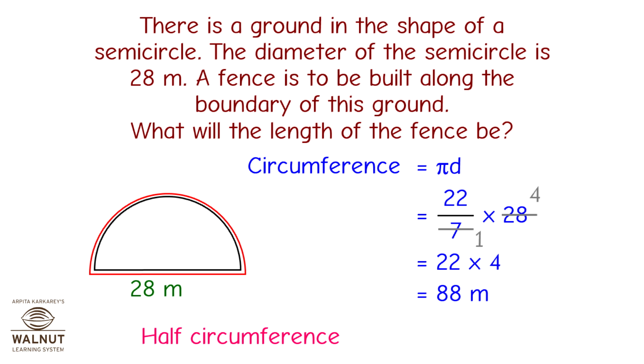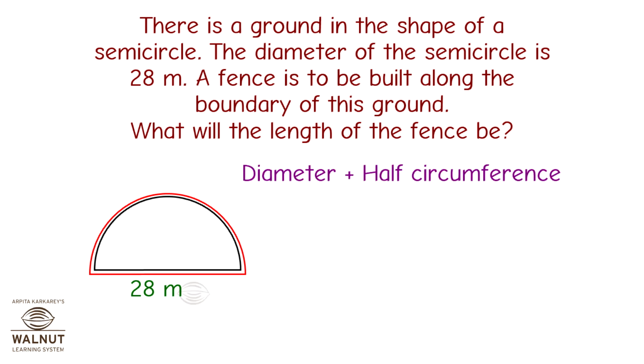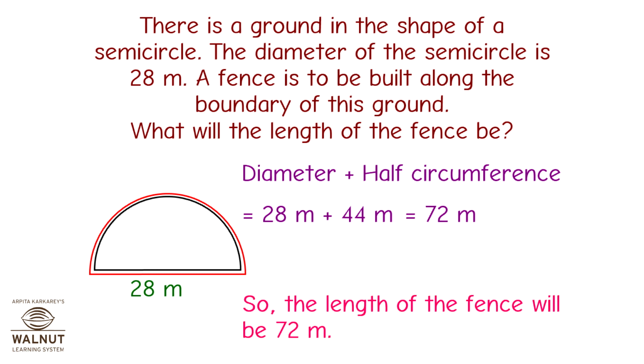Half circumference is equal to 88 upon 2, which is equal to 44 meters. Now we add the length of the diameter to the half circumference. Diameter plus half circumference is equal to 28 meters plus 44 meters, which is equal to 72 meters. So the length of the fence will be 72 meters.